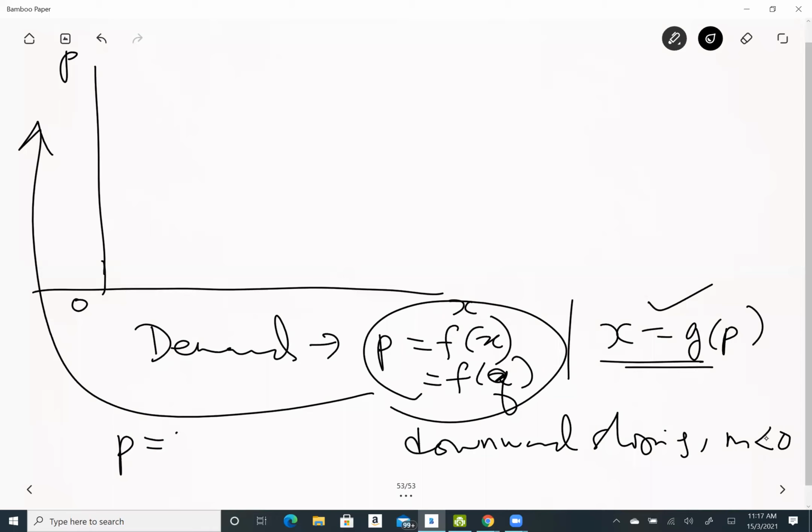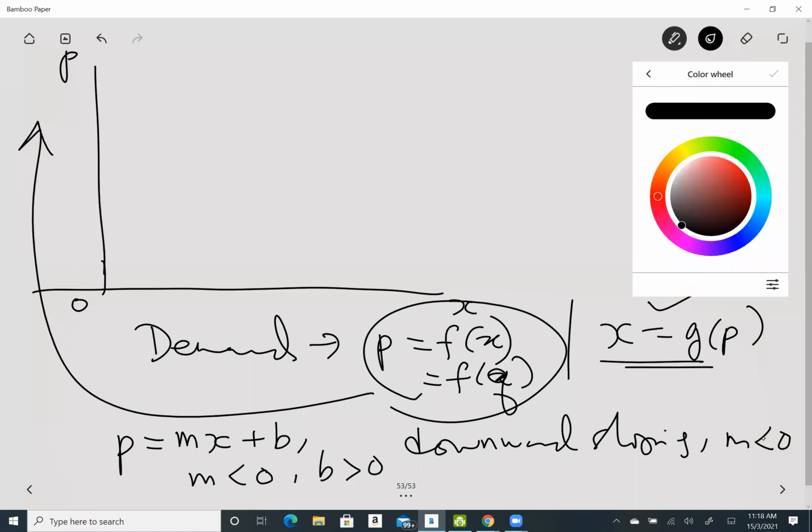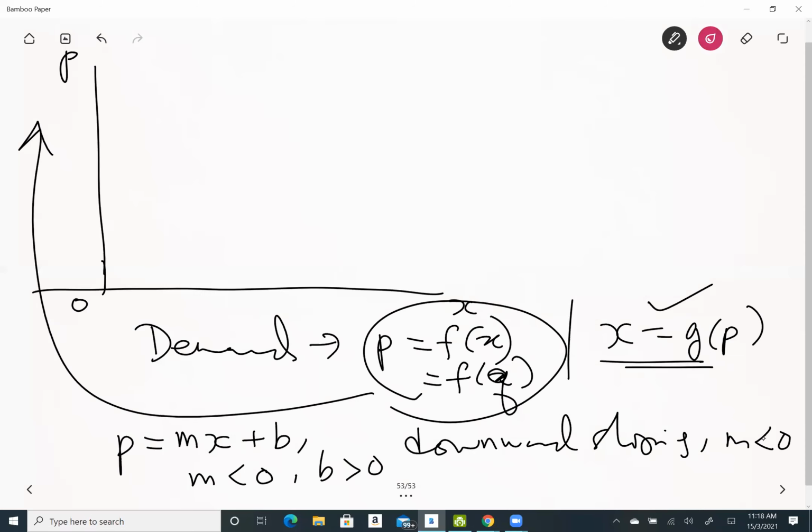So if I say MX plus B, with M less than 0 and B bigger than 0, the demand function will look like this: downward sloping, and the intercept here is positive. That is the demand function.